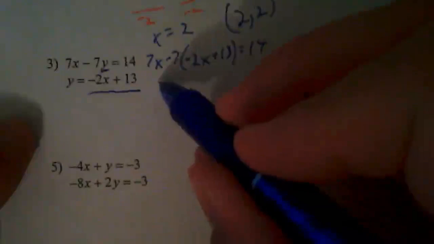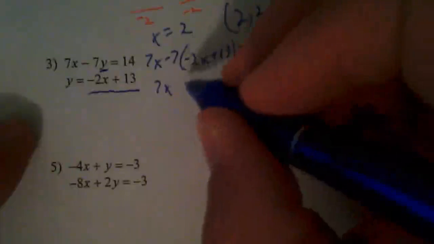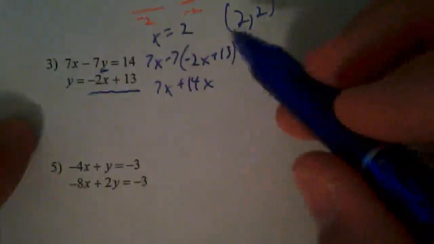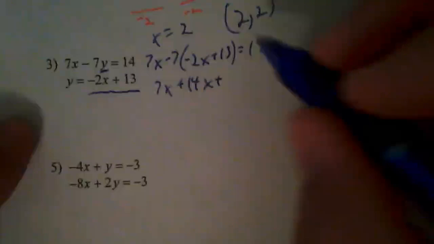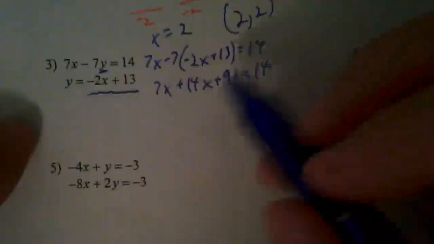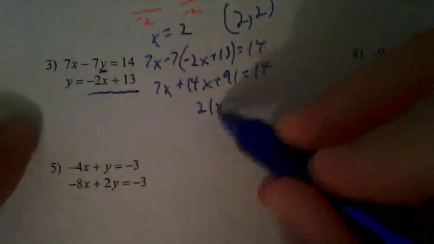Distribute the negative 7. So negative 7 and negative 2 multiply to give us positive 14x. 7 and 13 multiply together to give us 91. Combine like terms, 7x and 14x is 21x.